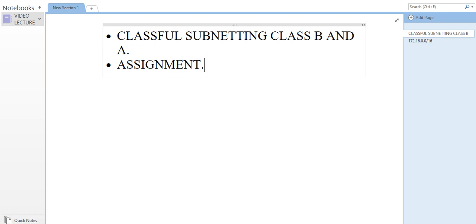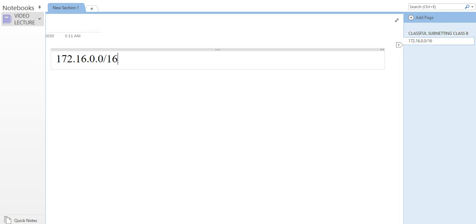So what we have here is a class B IP default network address. How do we sort this out? First I'm going to show you how many networks we have here and how many hosts per network.